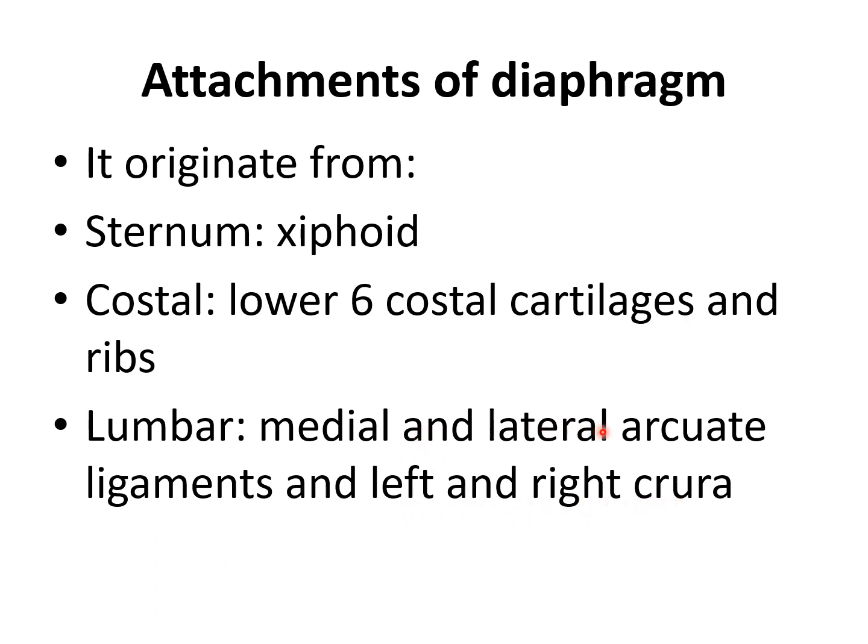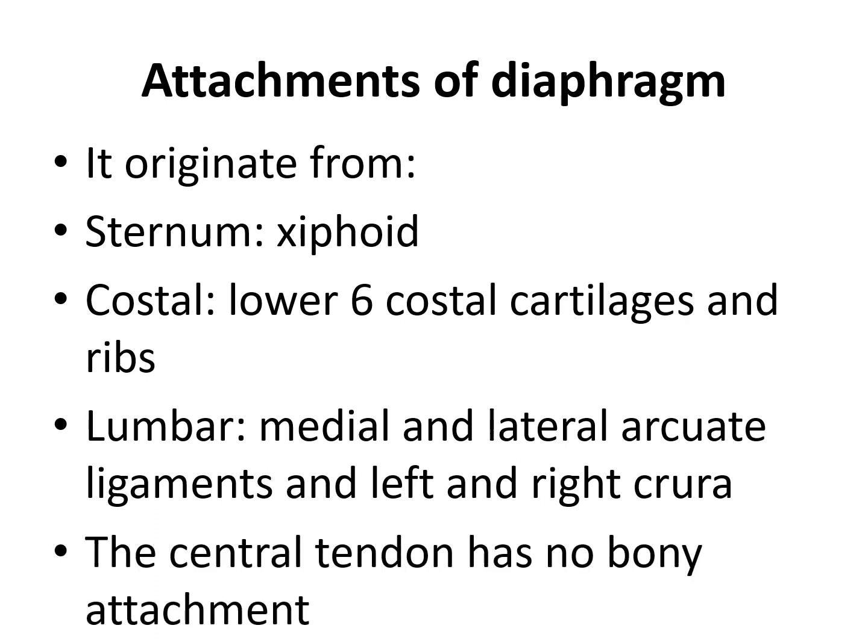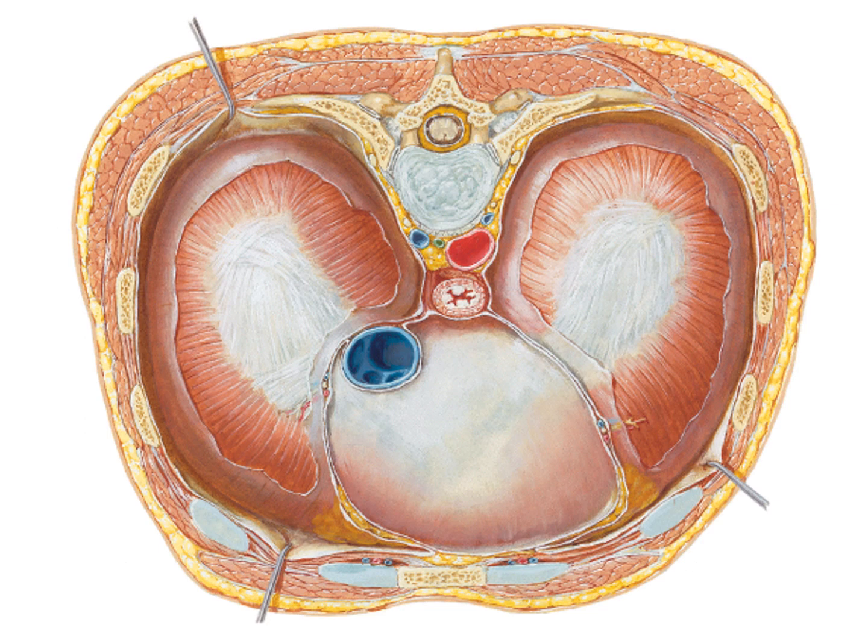So the diaphragm is from the sternum, from the ribs and the costal cartilages, and from the lumbar vertebrae, while the central tendon has no bony attachment. It just joins the left and right domes.